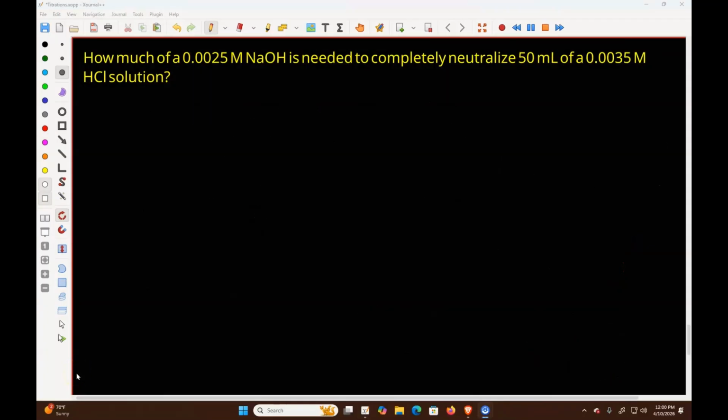Okay, how much 0.0025 molar sodium hydroxide is needed to completely neutralize 50 milliliters of a 0.0035 molar HCl solution? Let's use the formula: volume of acid times the concentration of acid is equal to the volume of the base times the concentration of the base.